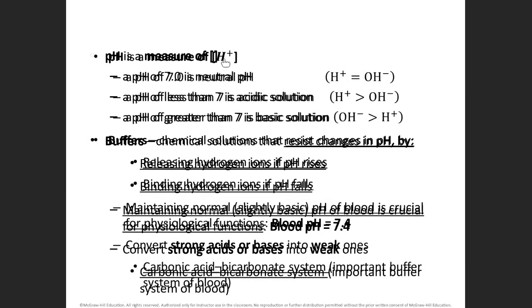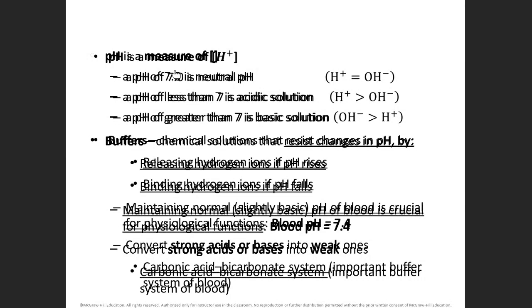You should know that. Whenever you see these little brackets around an ion or element, that means concentration or amount. I don't know if you can see that there, but they're like brackets. You definitely need to know the numbers here.